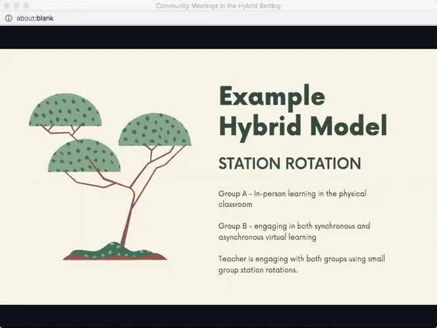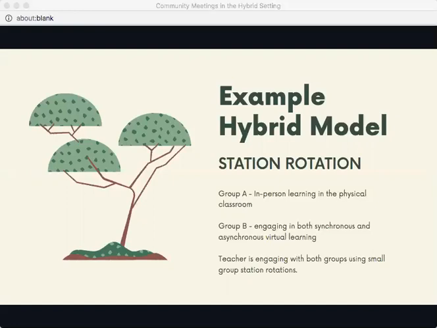But just for the sake of some common understanding and framing, we're going to be talking about integrating a community meeting into a station rotation model where there are two groups of students. Group A is in person at school, face to face with us, and Group B is joining us virtually.